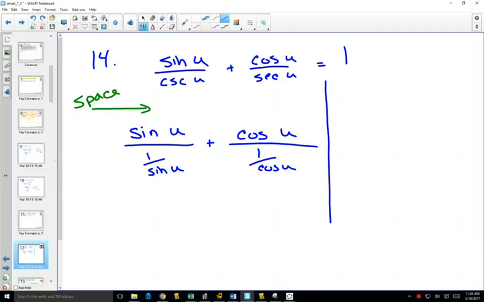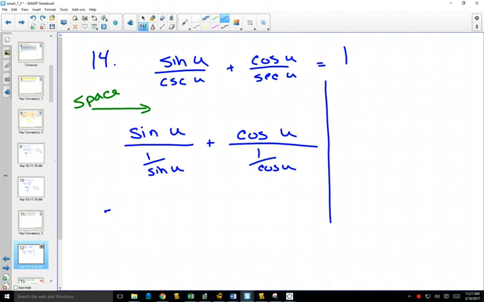Because now at this point, what do I have? I have a fraction divided by a fraction, and another fraction divided by a fraction. My goal here is to write things as a single fraction, just like we were doing at the beginning, because if I can do that, chances are I might get close to being able to solve this. So for the first one, how do I do a fraction divided by a fraction?